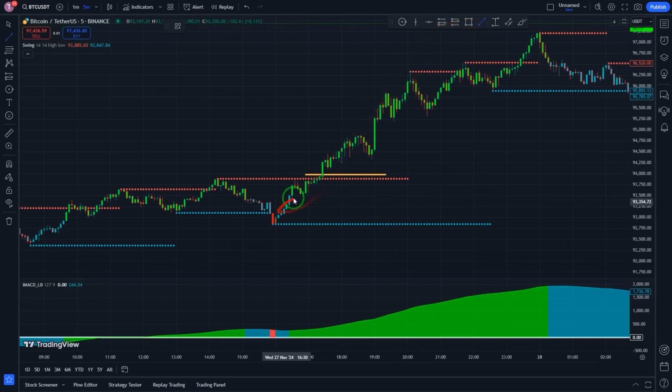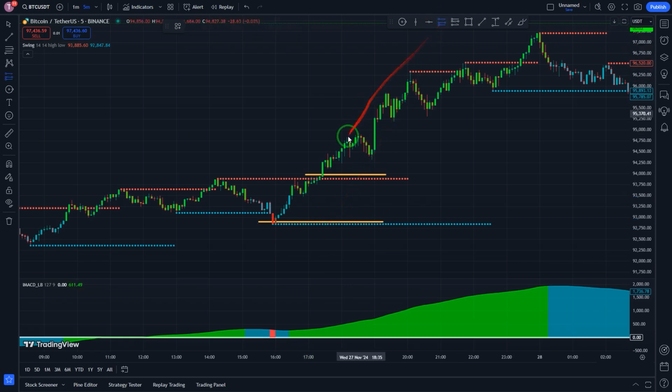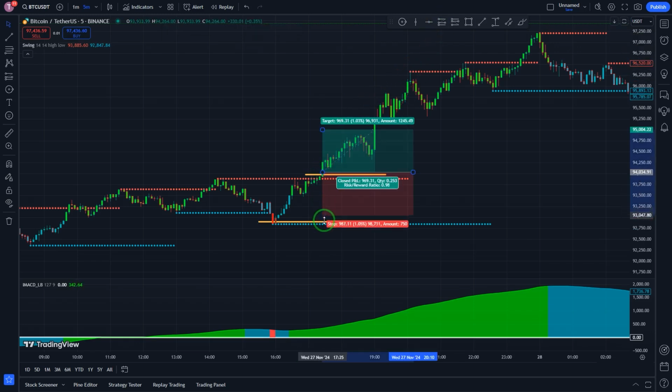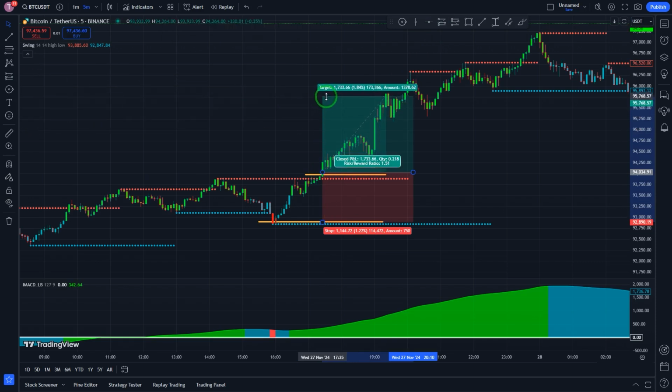Now we can set our stop loss just below the broken resistance level or slightly above the previous support level. Choosing the first option increases our risk, while the second option decreases it. The choice is yours. Now enter the buy trade, and for the take profit, just consider a risk to reward ratio of 1 to 1.5 and wait for your take profit to be hit.